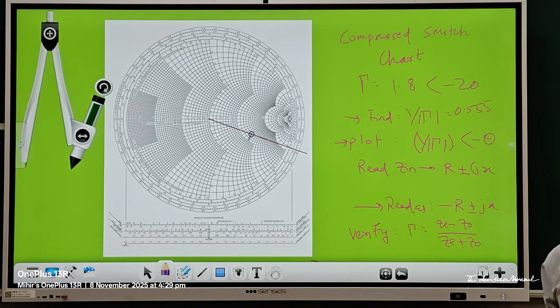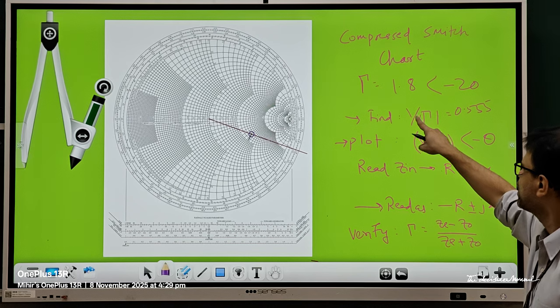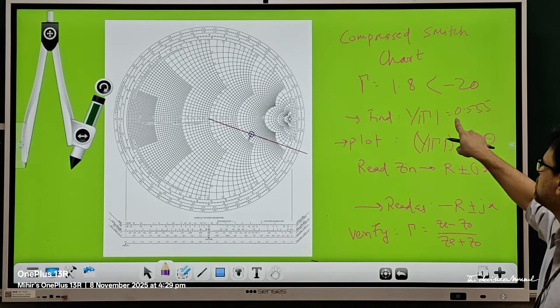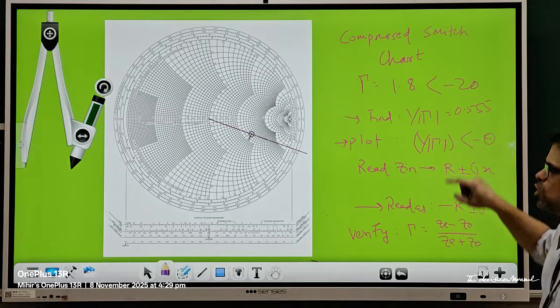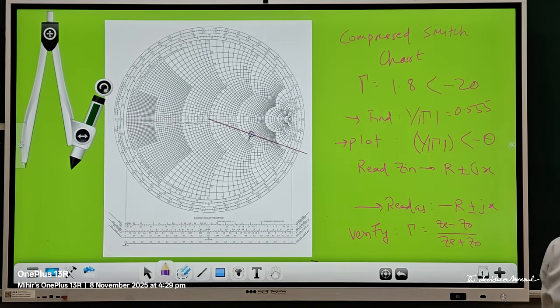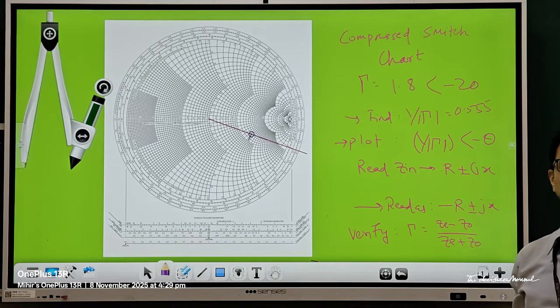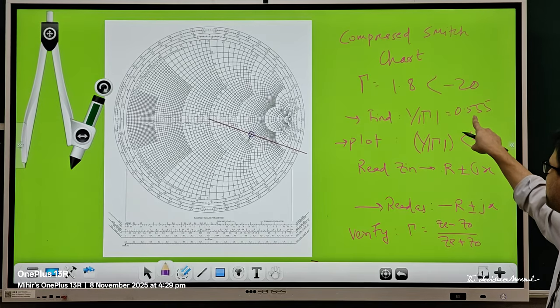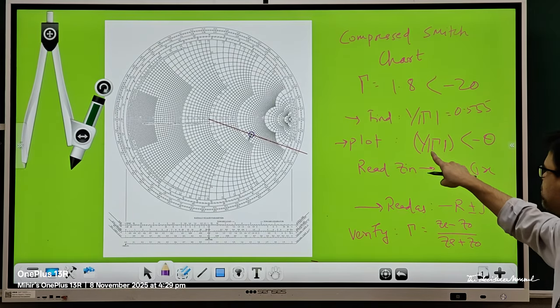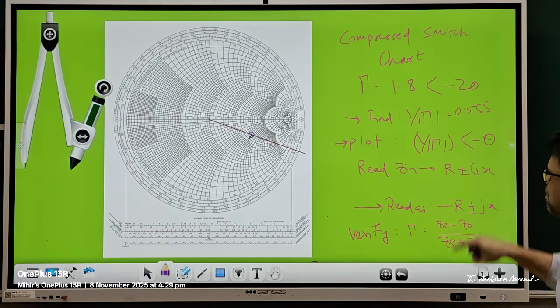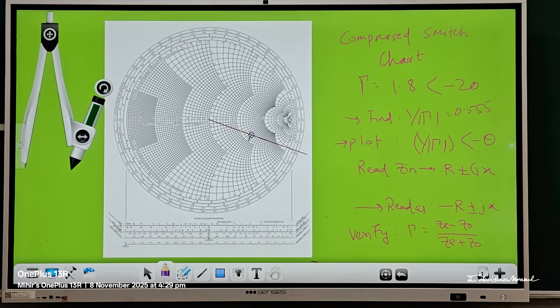So 1 upon 1.8 comes out to be 0.555. So the gamma value which I am going to plot is 0.555 angle -20. Plot that 1 by mod gamma, angle minus theta, onto the Smith chart.